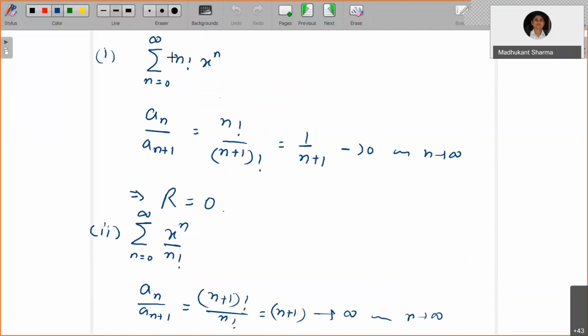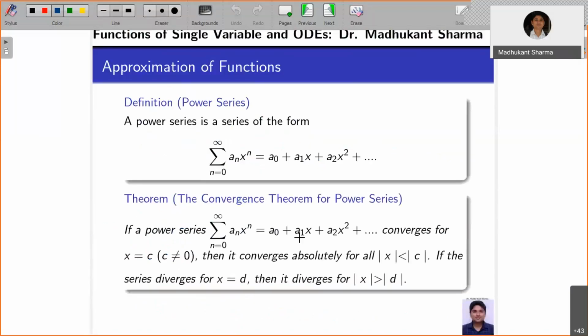Then you can show that it diverges at that value, for any x greater than 0. So it is going to diverge for mod x greater than mod d we are talking about. Similarly for x equal to a negative value.